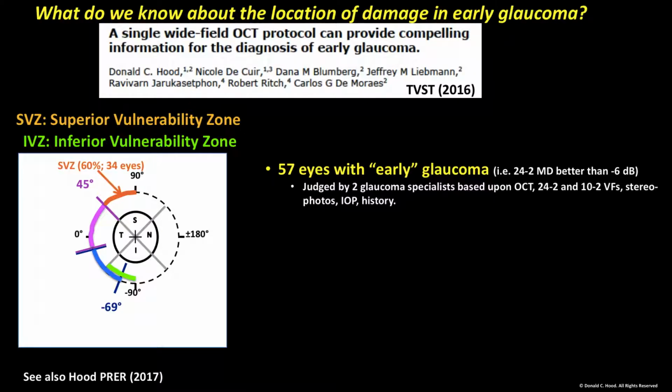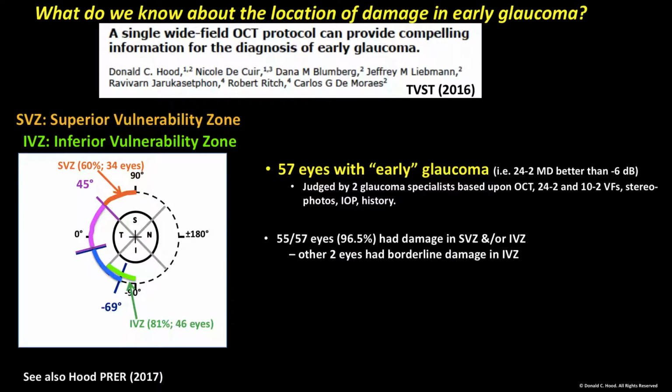34 of these eyes, or 60%, that were judged as having early glaucoma, right, had damage in the superior vulnerability zone. Over 80%, or 46 eyes, had damage in the inferior vulnerability zone. Right? So there's a lot of overlap here. Some eyes had both, right?